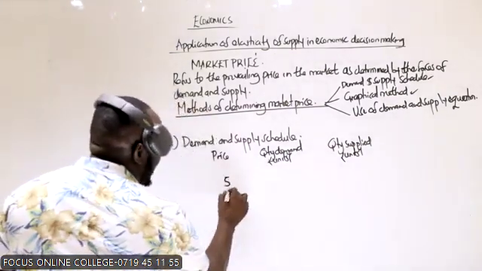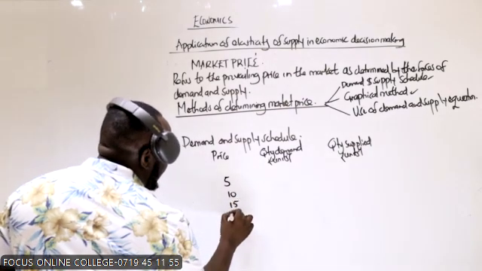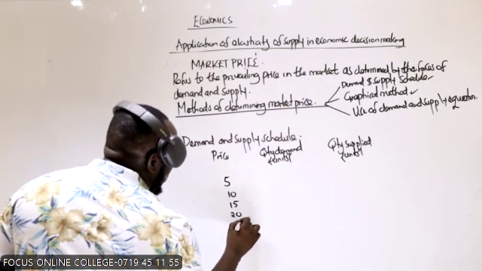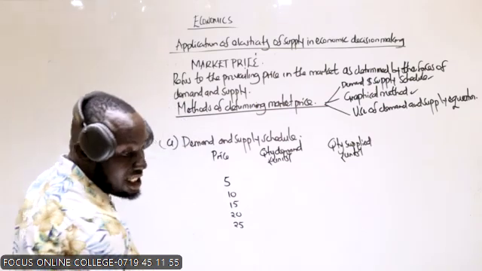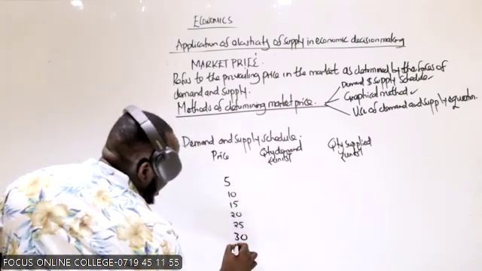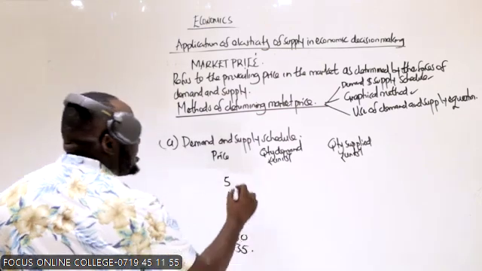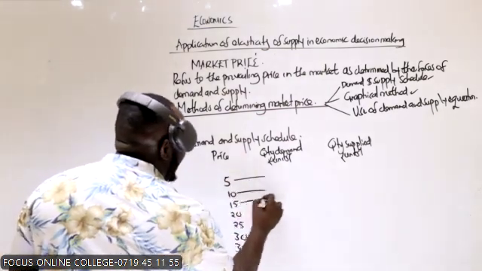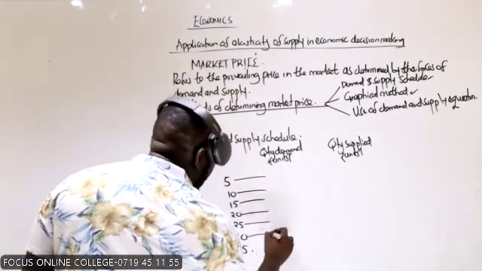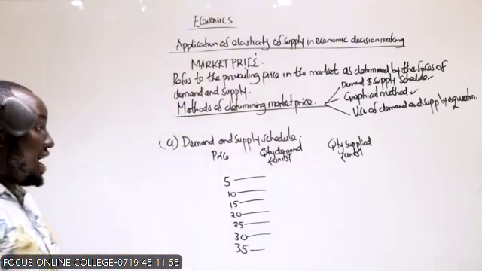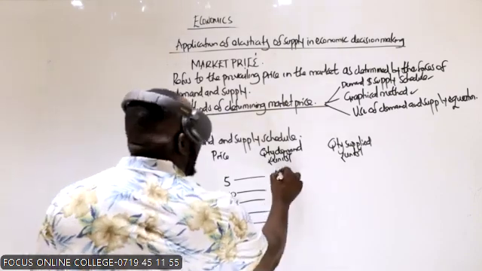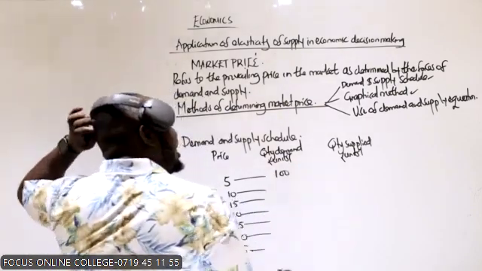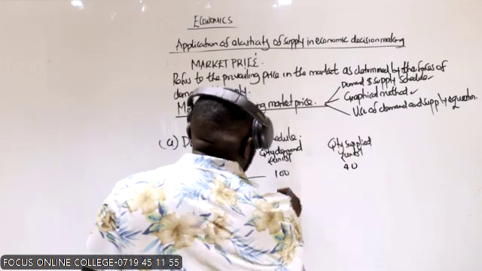So I have price 5, 10, 15, 20, 25, 30, 35. Look at it: when the price is 5, at a lower price, the quantity demanded is 100 and the quantity supplied is 40.